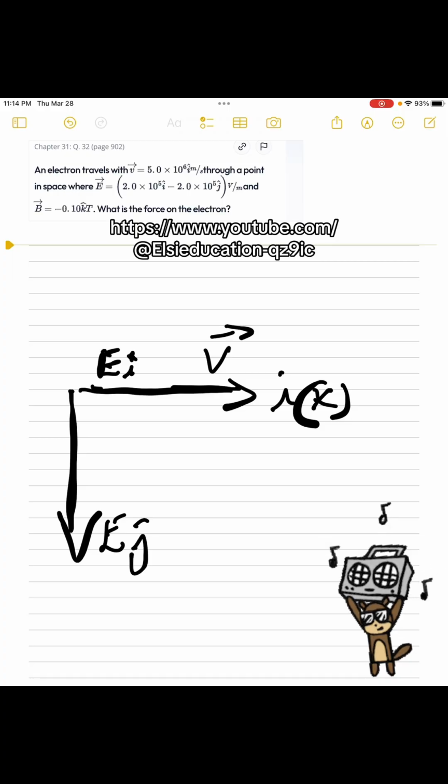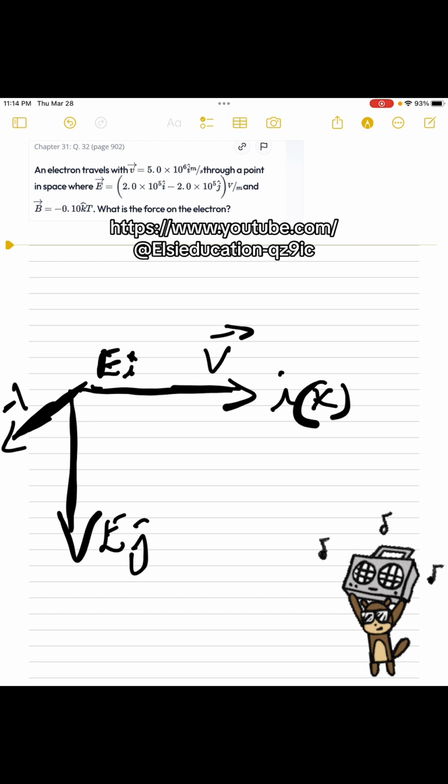And there is a magnetic field on the minus K direction. Okay, that's the magnetic field.